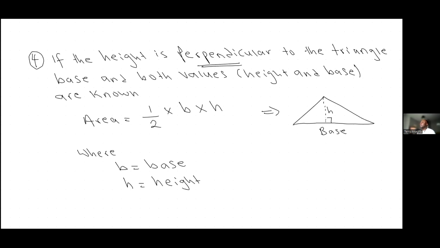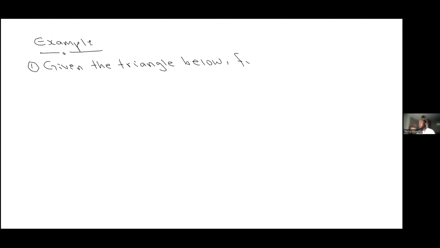All right, so let's pick an example to find the area. Example number 1: we're told that given the triangle below, find the area to the nearest whole number.